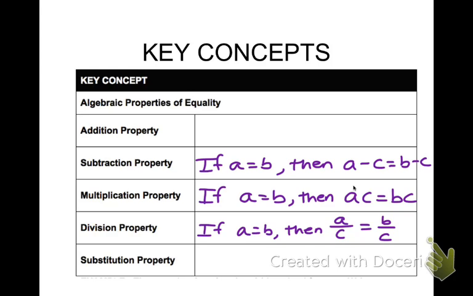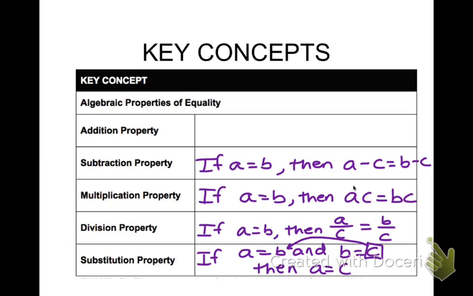So for example, if we say that A is equal to B, and B is equal to C, I can substitute this value of C in place of that B. So ultimately this is going into that. So then I could say then A is equal to C.